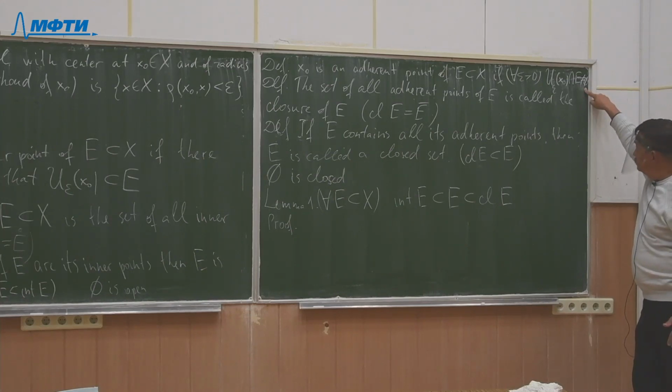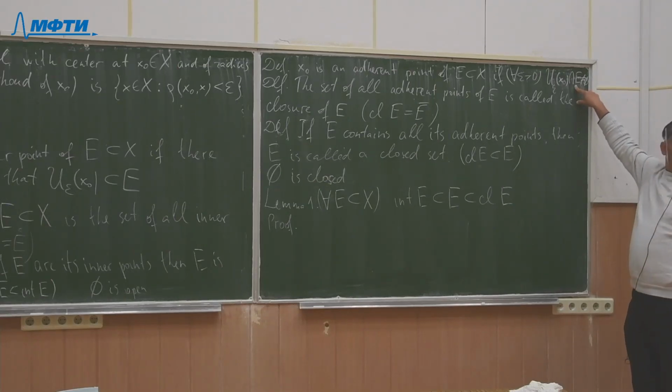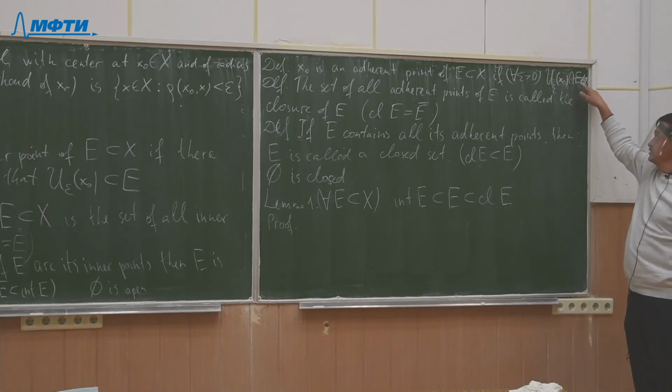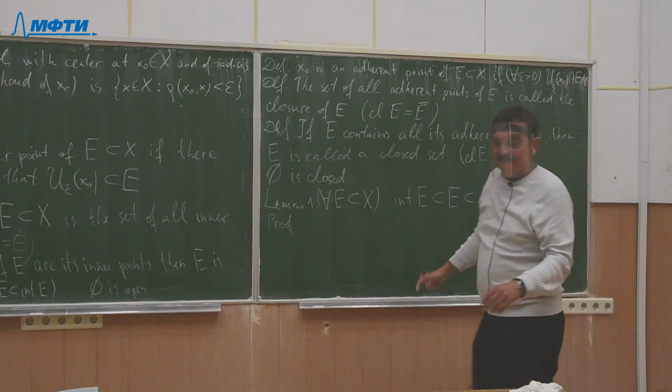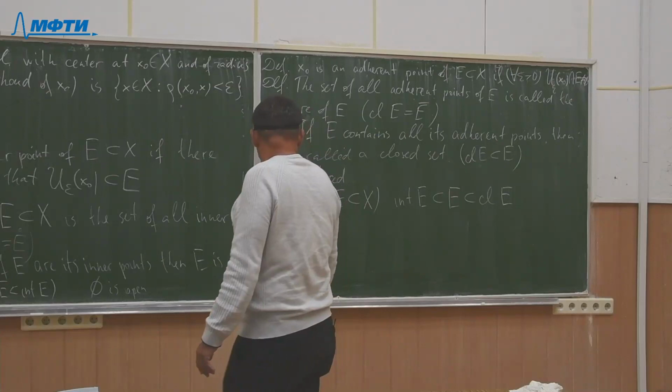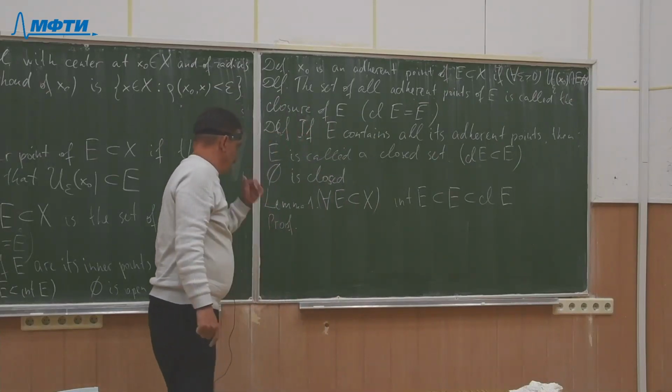For an empty set, it means no adherent points. Empty set has no adherent points, right? Because this is always empty. No adherent points. Okay. So proof I gave.